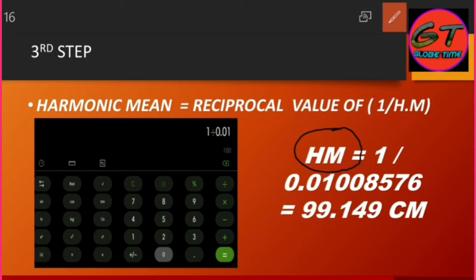Harmonic mean equals 1 by 0.01008576, which is 99.149 centimeter, because our data series is a rainfall data series.